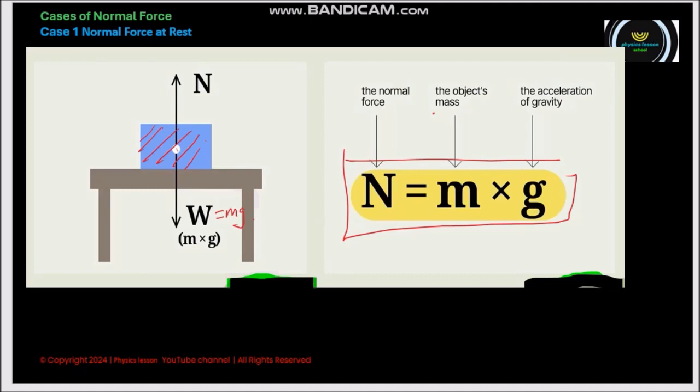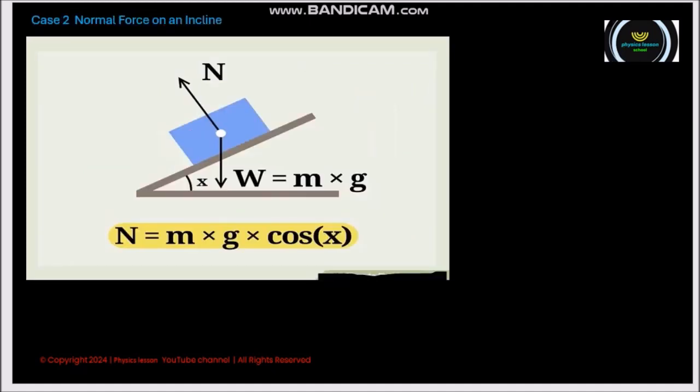The second case, the normal force on an inclined plane. Look, let's say this is an inclined plane. In this case, x is the angle of the inclination.